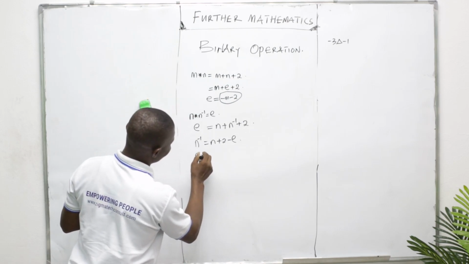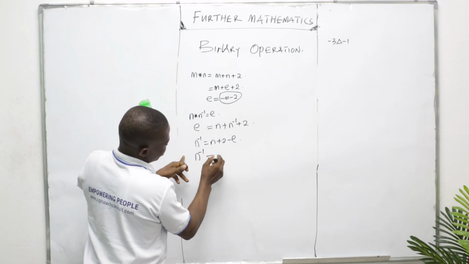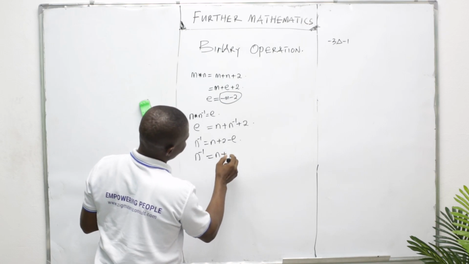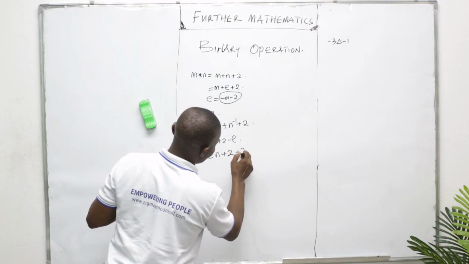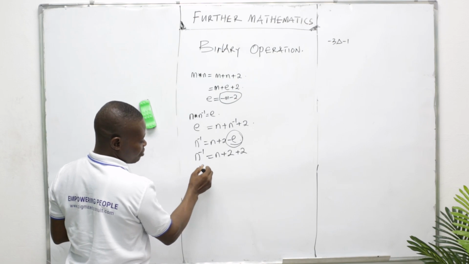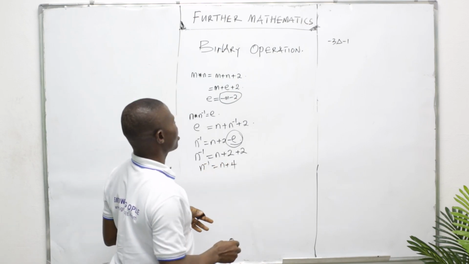It now means that the inverse of this operation equals N plus 2, assuming that it was given as minus 2. So the inverse here now equals what? N plus 4.